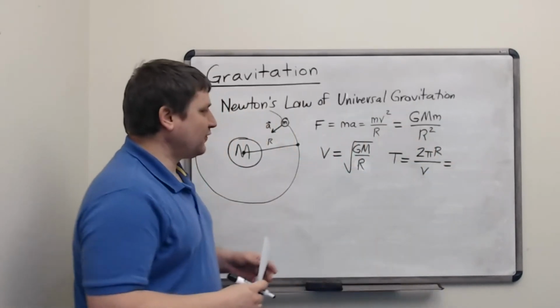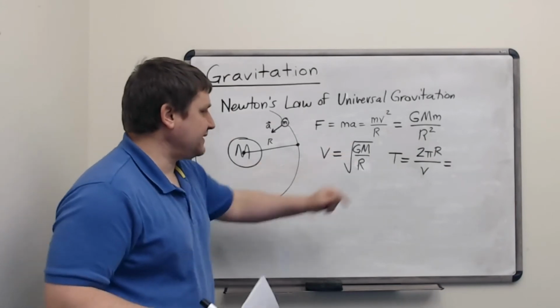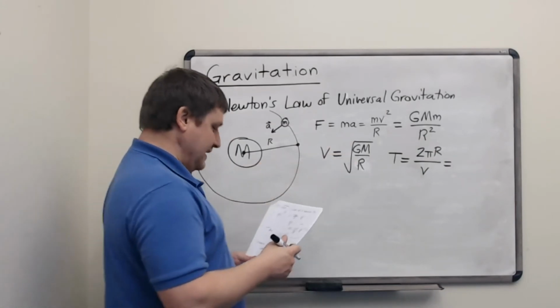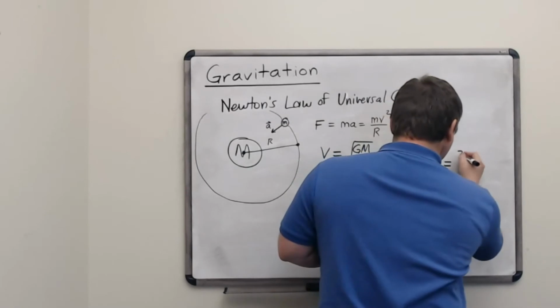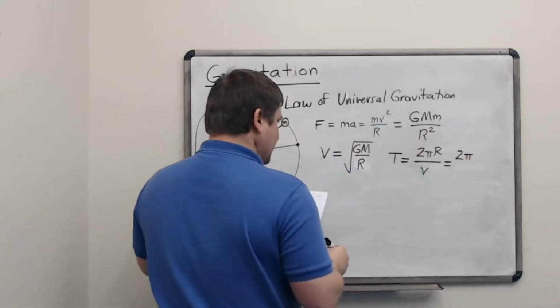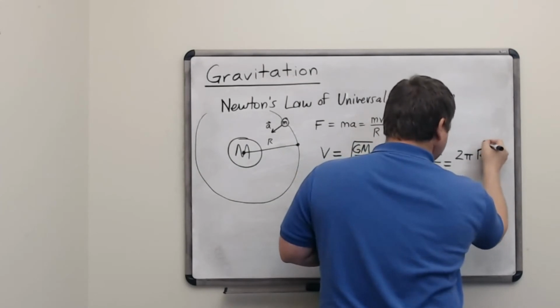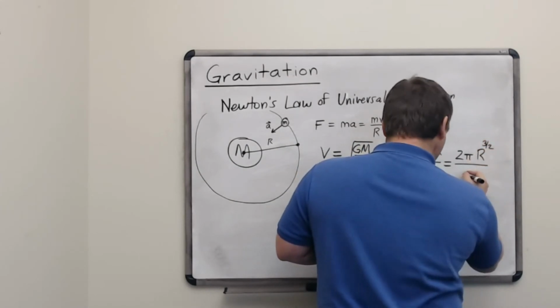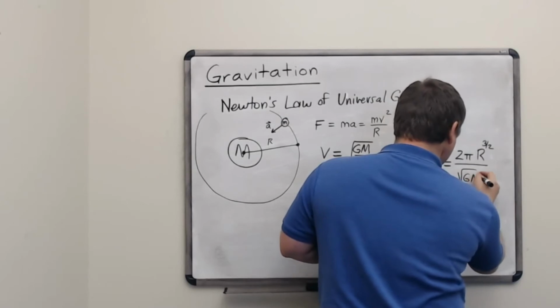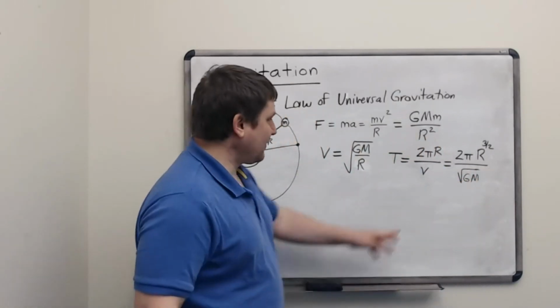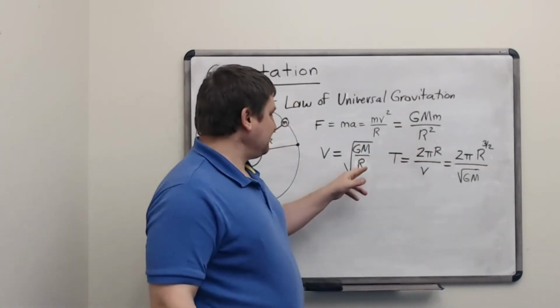Since we have a formula for speed in terms of the radius of the orbit, we can plug that in, and we get that the period of the orbit is equal to 2 pi times the radius to the 3/2 power divided by the square root of GM. The 3/2 power comes from the r in the circumference multiplied by the square root of r in the velocity.